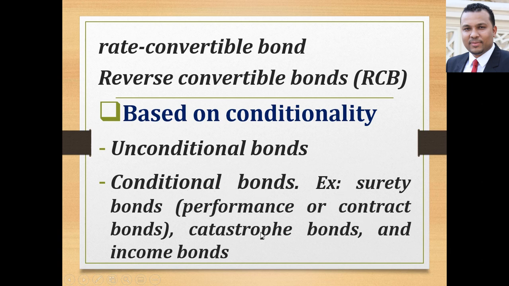The next, catastrophe bonds. Catastrophe bonds we can call CAT, C-A-T. This is a very important bond used in disaster cases.